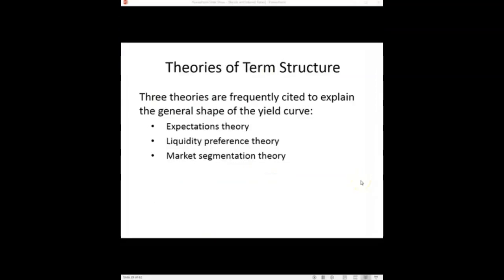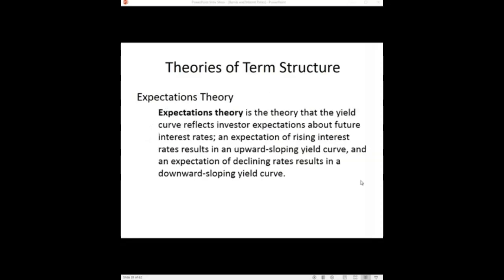So what explains the shape of the yield curve? Well, there are three theories that are frequently used to explain the general shape of the yield curve: the expectations theory, the liquidity preference theory, and the market segmentation theory. The expectations theory simply states that the yield curve reflects investors' expectations about future interest rates.